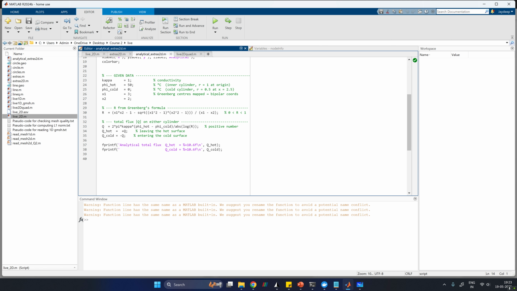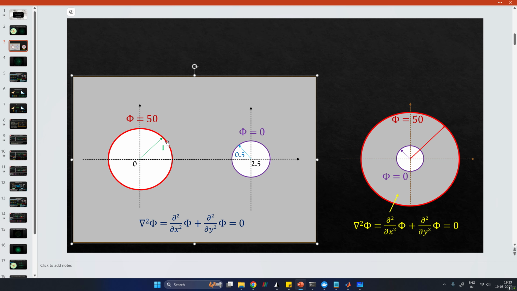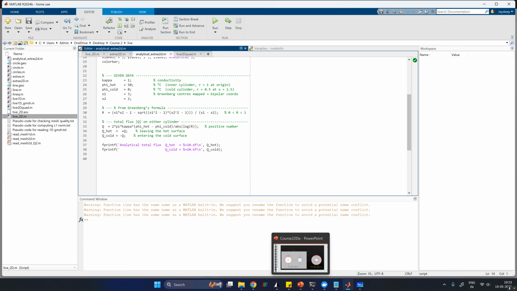flux which is leaving the hot cylinder and which is getting received on the cold cylinder. There are no other boundaries, so whatever is leaving here will be what is getting received here. Maybe we can use a different sign convention, like we could say that heat is leaving the hot cylinder, so we'll use minus q here.